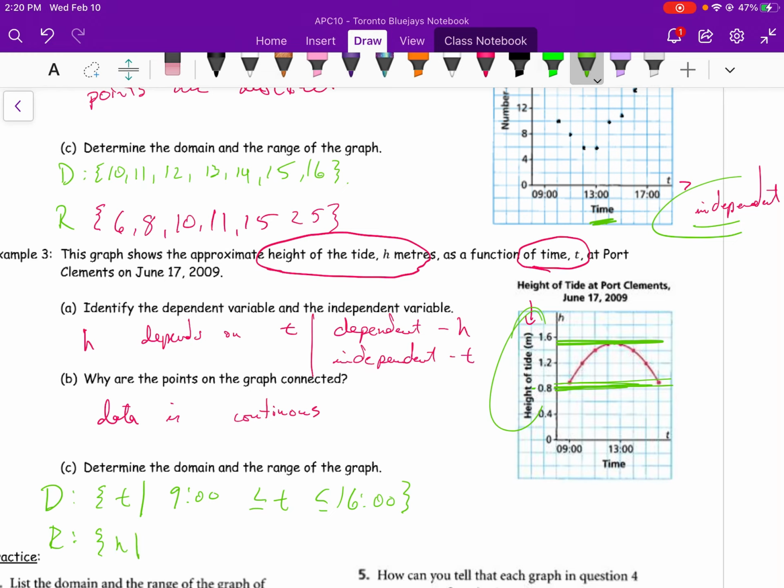So that's the variable. Height exists such that height is between. Now the lowest one that I have, I have to try to be very careful here. It looks like the lowest height that I have is 0.9. And the highest that I have is 1.5. So here this says height is between 0.9 and 1.5.